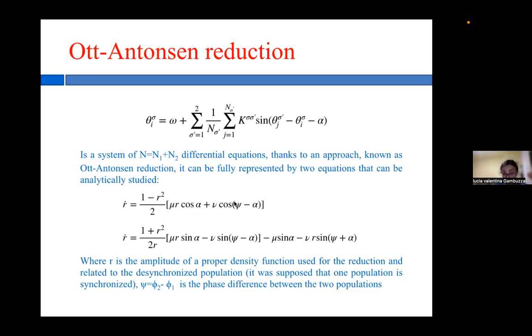Psi represents the phase difference between the two populations.